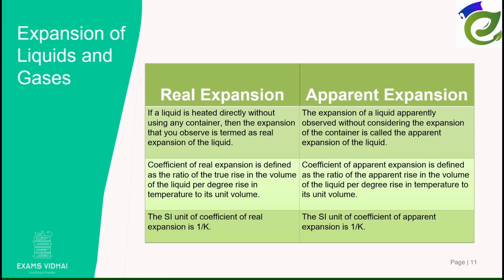Coefficient of real expansion is defined as the ratio of the true rise in the volume of the liquid per degree rise in the temperature to its volume. Coefficient of apparent expansion is defined as the ratio of apparent rise in the volume of the liquid per degree rise in the temperature to its unit volume.